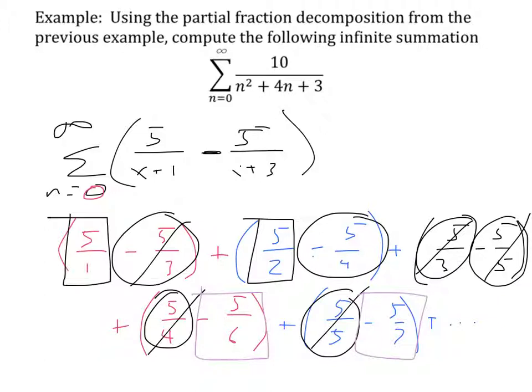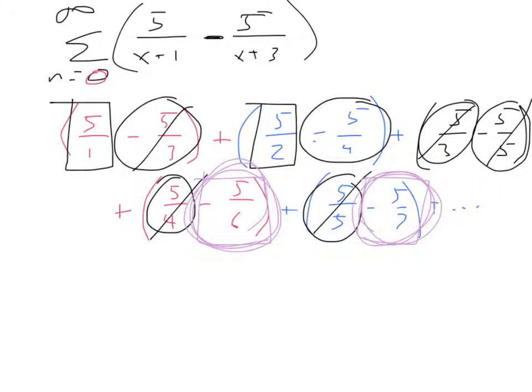But as I keep going on and on, what's happening to these two terms? Those two terms are both getting smaller and smaller. I only went up to the 5th term here. If I went up to the 1,000th term, I would have something like 5 over 1,000 and 5 over 1,001. Those terms are getting very close to 0.